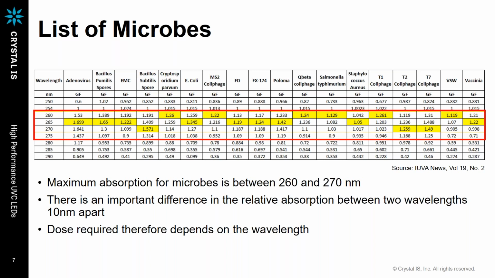You'll see that at 260 to 270 there are a lot of yellows, which are the highest peaks for those microbes. That is a perfect range for getting the maximum absorption, and so the Clarion product we have works really well in that particular disinfection range.